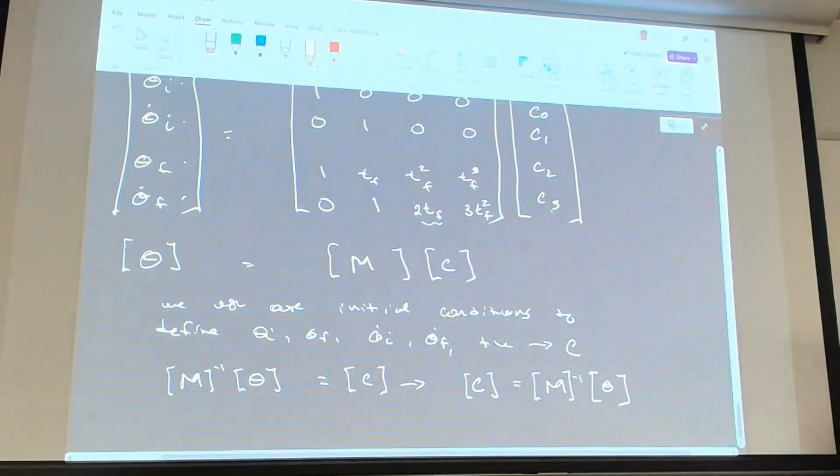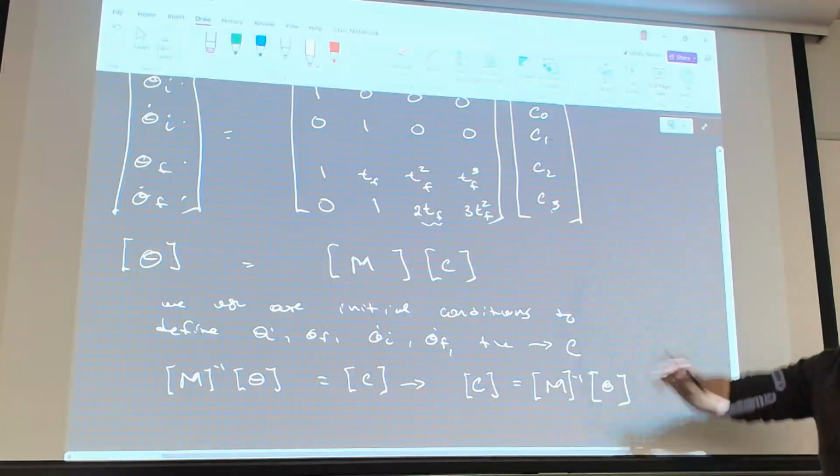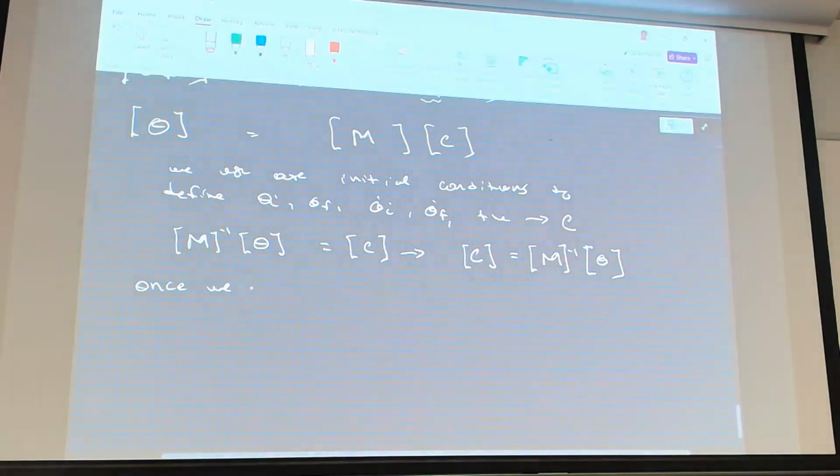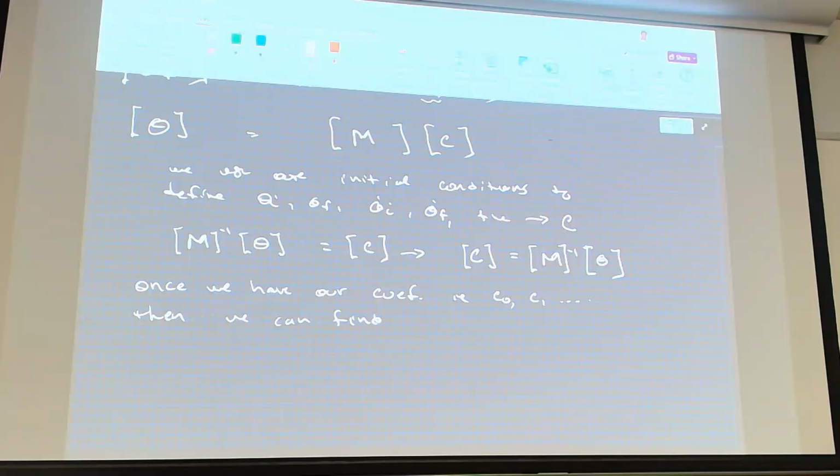Once I have my coefficients, i.e. C0, C1, etc., then we can find theta of t and theta dot of t for any time defined by that interval.